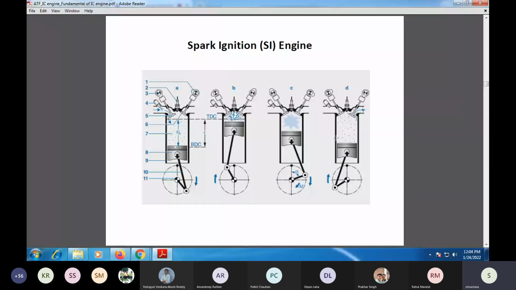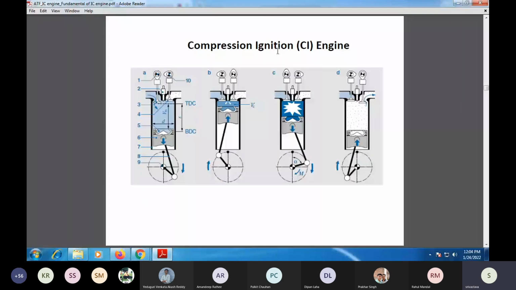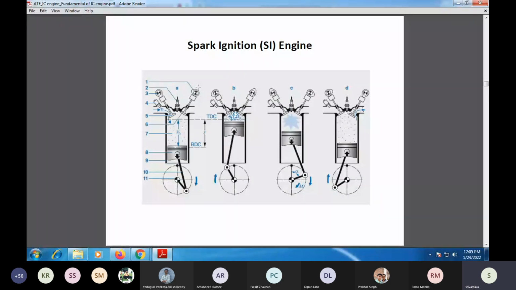So now let us move to the same kind of description for the compression ignition engine. Okay. So in the compression ignition engine, look at this picture very carefully. My idea is to ask the difference between these two images.